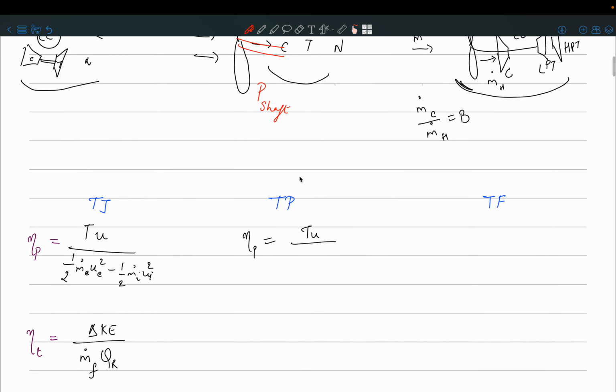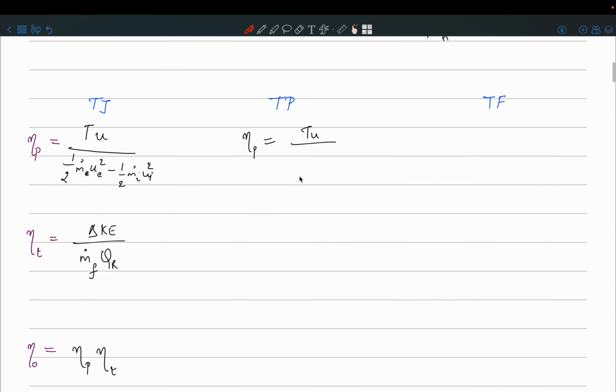Now, what is efficiency? Efficiency is what do you get for what do you give. So you are getting propulsive power for a certain amount of power that you are giving to the shaft. So this is the difference in the definition of propulsive power between turbojet and turboprop.